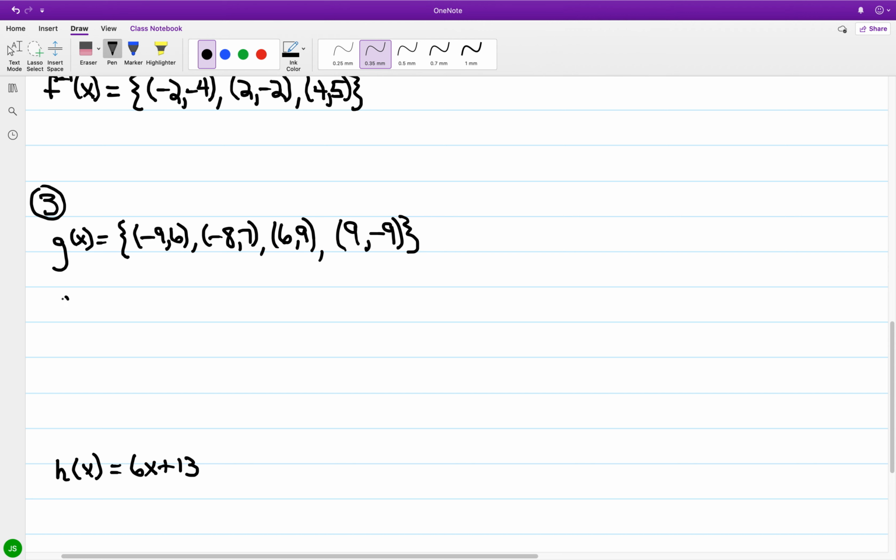If I were to express the inverse, what was y will become x and vice versa. So in the rewrite, the ordered pairs in the inverse are 6, negative 9; 7, negative 8; 9, 6; and negative 9, 9.